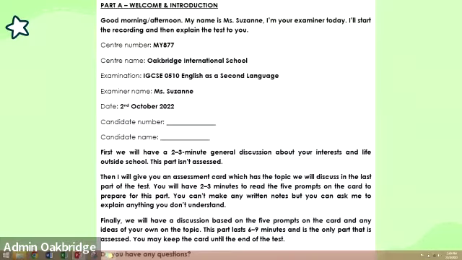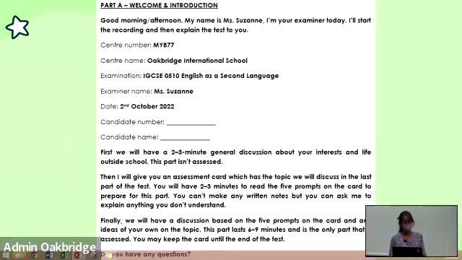The whole part A is done by the teacher or the examiner. The candidate doesn't have to say anything. For example, I am the examiner, I am the teacher, so I'm the one who is going to introduce in part A. I'll greet the student first and introduce myself.